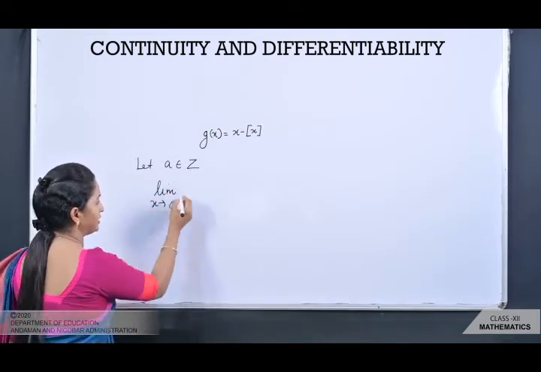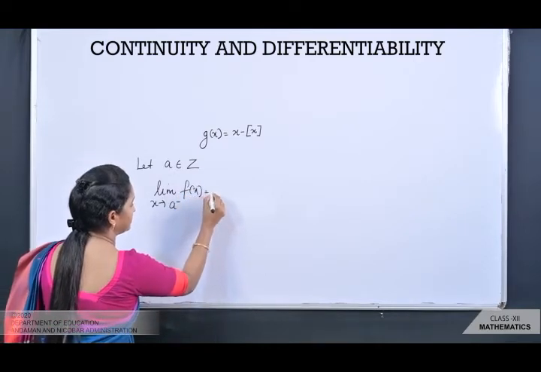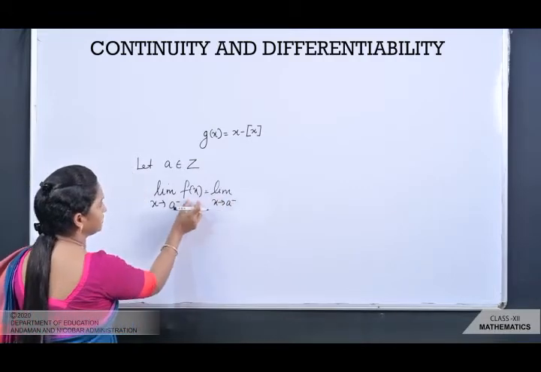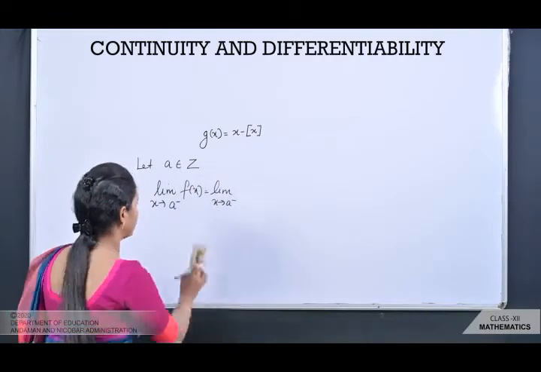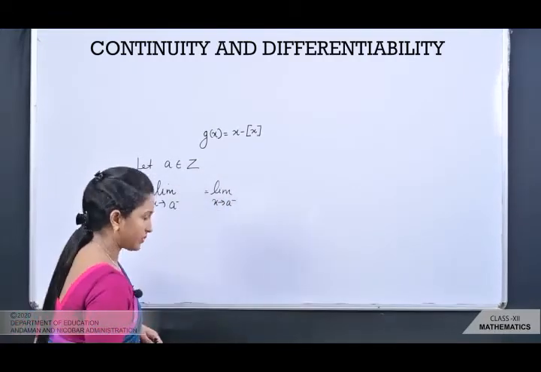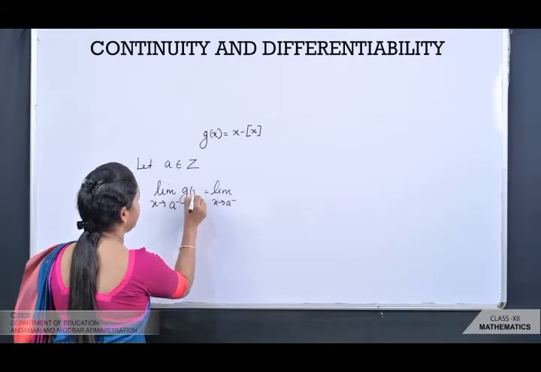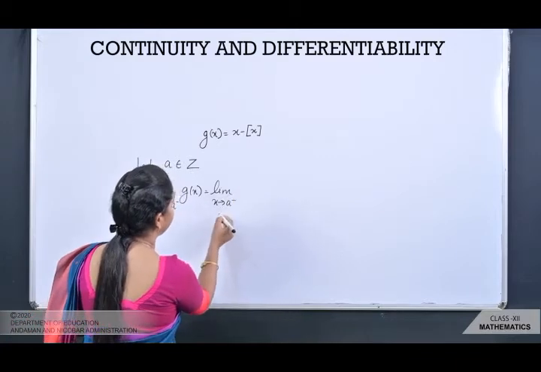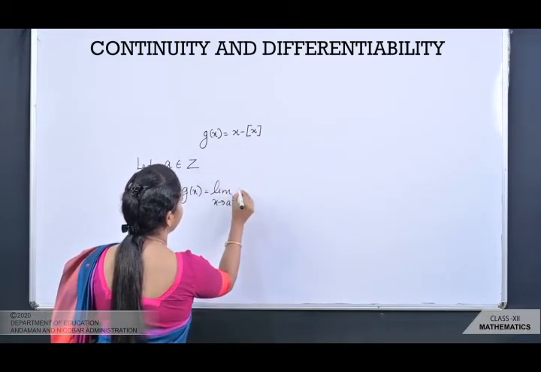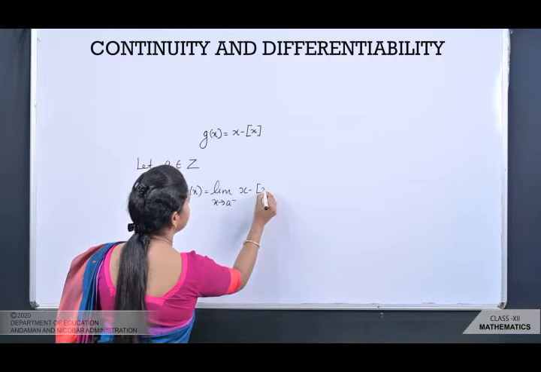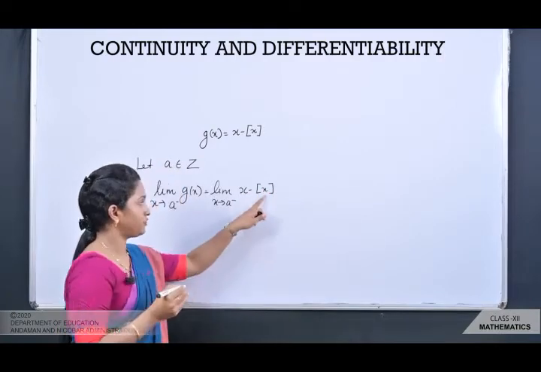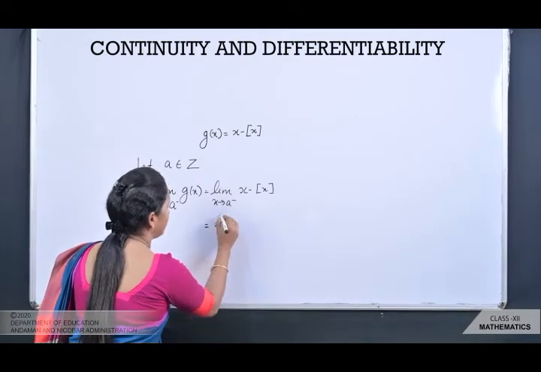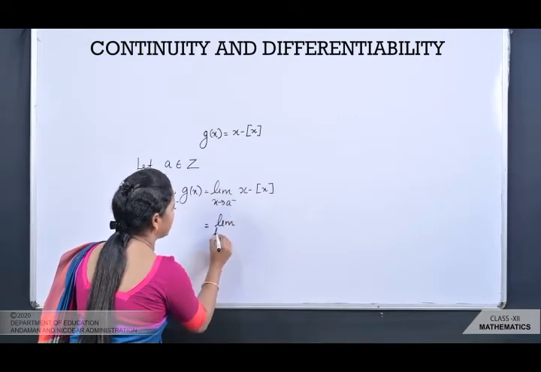The limit as x tends to a minus of g of x, actually it is g of x here, not f of x, is equal to the limit as x tends to a minus of x minus greatest integer of x. Clear? Now I am using the h method.